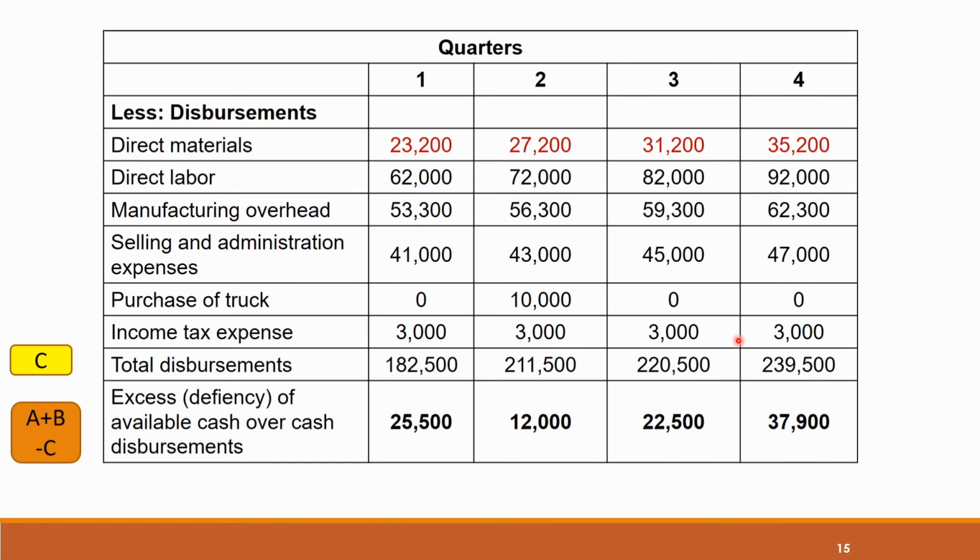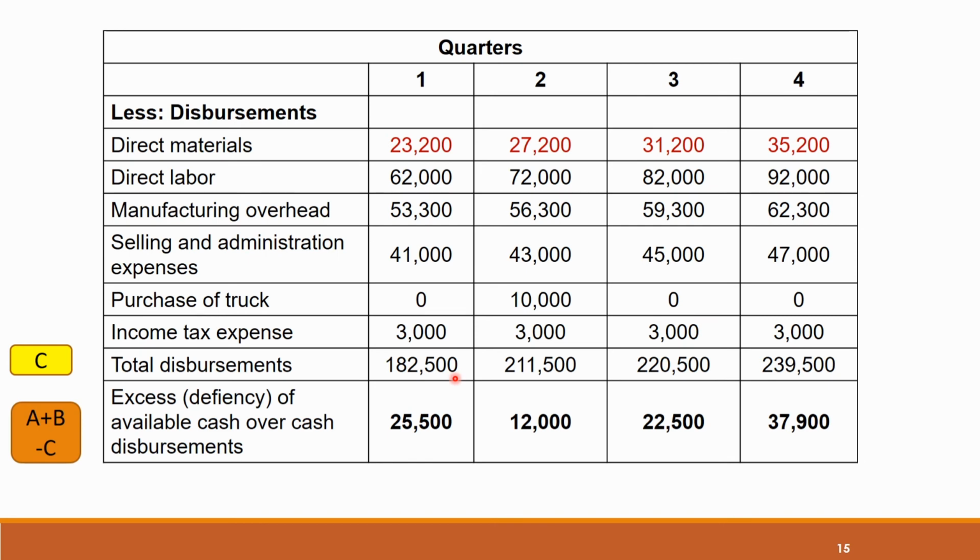So we just focus on the first column, the first quarter, the total disbursement or the total cash payment. You have to add all these items, 1, 2, 3, 4, 5. There are 5 items under cash disbursement. So the total is 182,500.